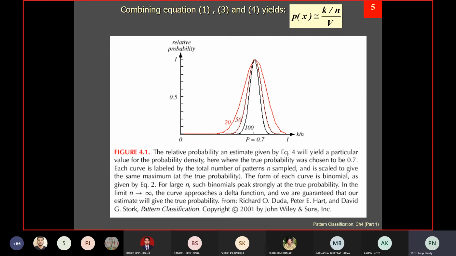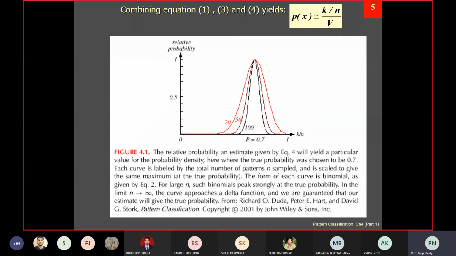The form of each curve is binomial, as in equation 2. For large n, the binomial peaks strongly at the true probability, so as n tends to infinity the curve approaches a delta function.